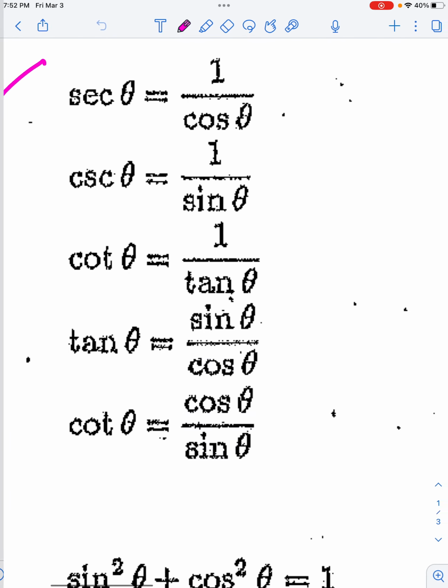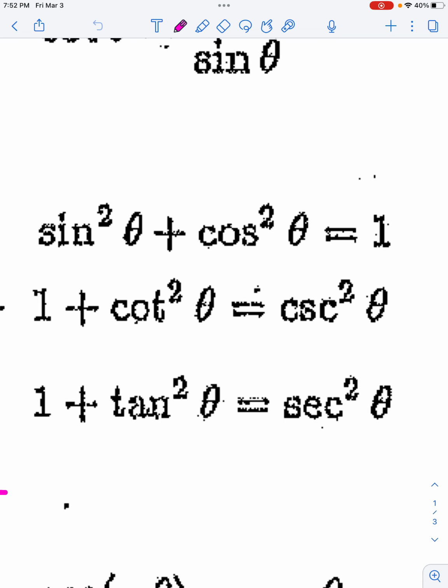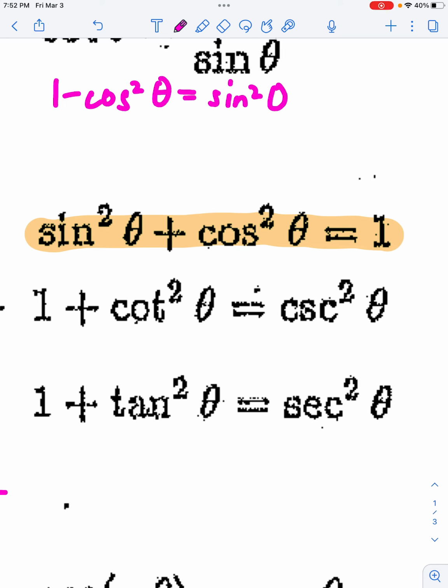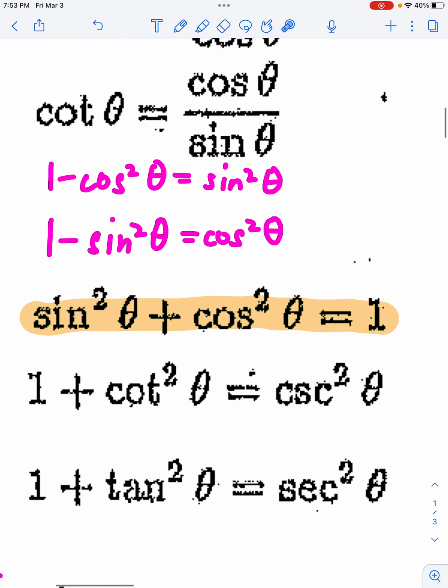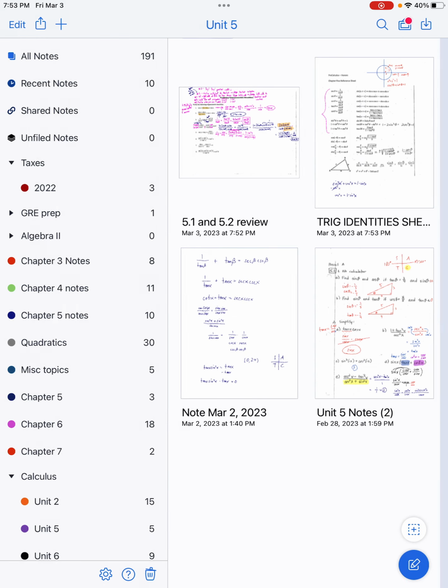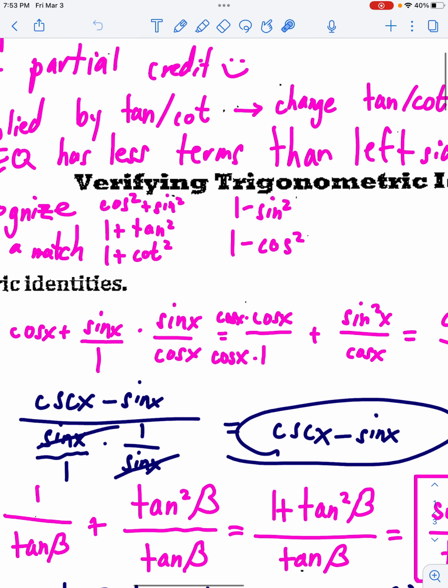If you modify this trig identity right here, you get 1 minus cosine squared of theta equals sine squared of theta. And you can also get 1 minus sine squared of theta equals cosine squared of theta. Just by, I can subtract over the sine squared or subtract over the cosine squared. So recognize those as well. Okay, look for and recognize these 5 guys. Use your identities, okay?